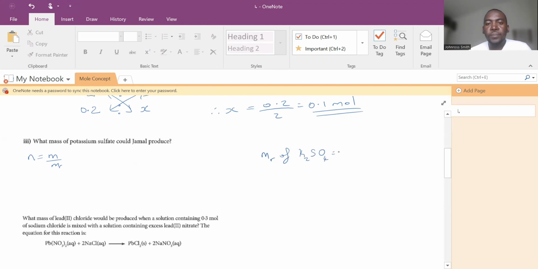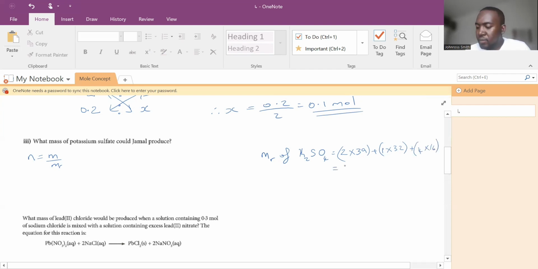K2SO4 has 2 of K, which is 39, plus 1 times S, which is 32, plus 4 times O, which is 64. So from this, we will get 174 grams per mole.